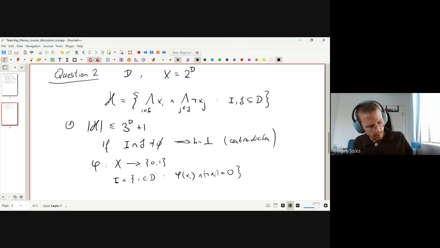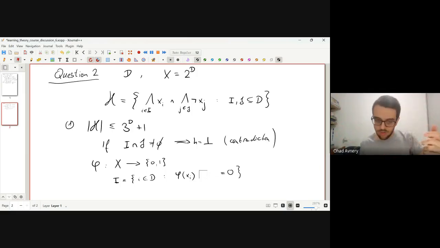Right. And now we prove a two-sided inclusion. If the index i is in the original set, then this is easy to see because xi appears as one of the terms in the conjunction.